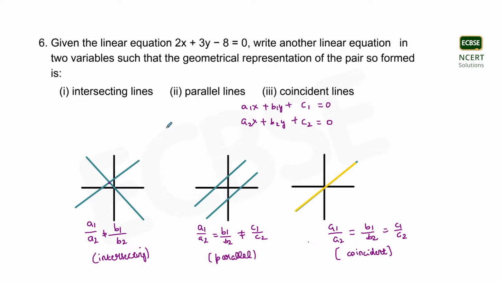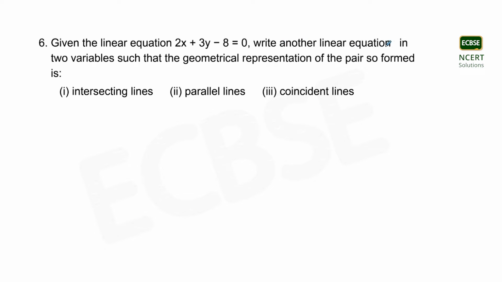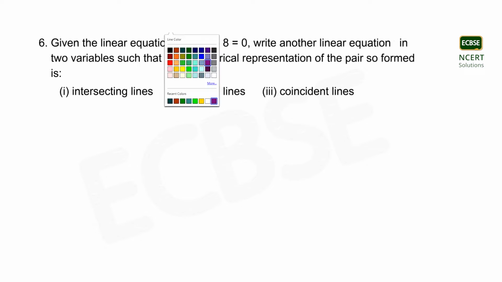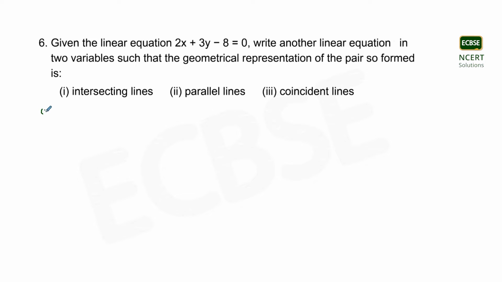So this was all about how to classify the lines. Now what has been asked in the question is to find the second linear equation so that the lines are intersecting, parallel and coincident. Coming to the first part, the first linear equation is 2x + 3y - 8 = 0. In this case, the ratio of the coefficients of x and y is 2 by 3.